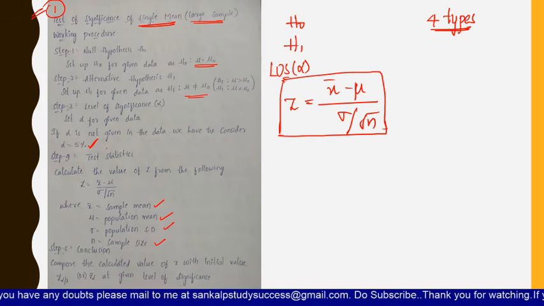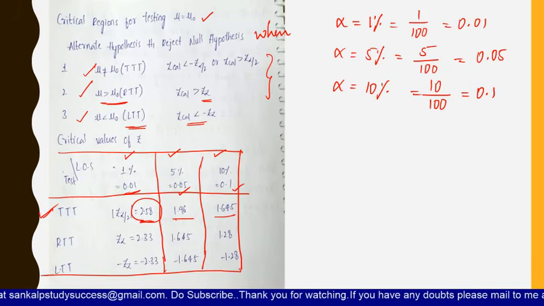Now we are going to decide whether the null hypothesis is accepted or rejected. So, conclusion: we are going to compare z alpha by 2 or z alpha, at the given level of significance, with the calculated value. That means we compare the calculated z value with these z alpha by 2 values.